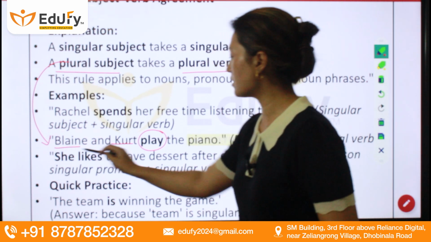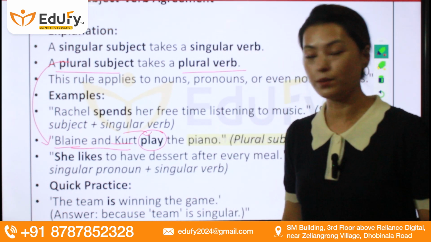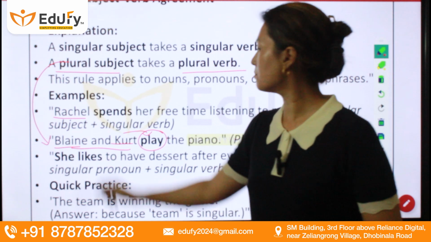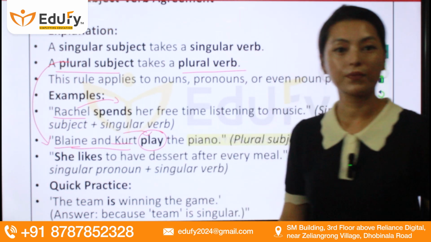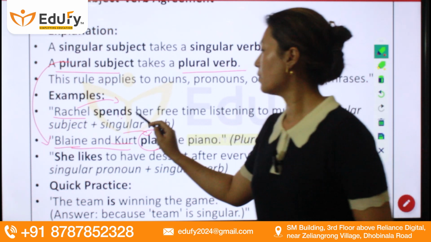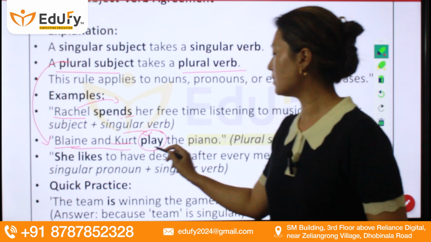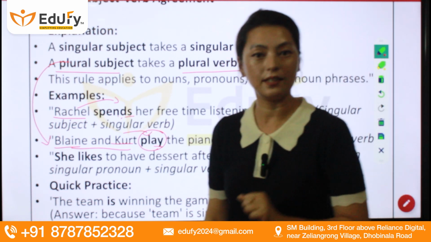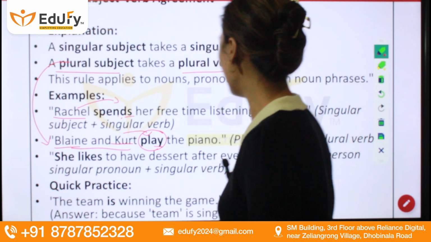Whenever you have plural subjects, the verbs will become plural. Whenever you have a singular subject, the verb will become singular. And what is the difference between the singular and plural verb? One has s in it, whereas the other one is devoid of any s at the end of the word. That is the main idea.